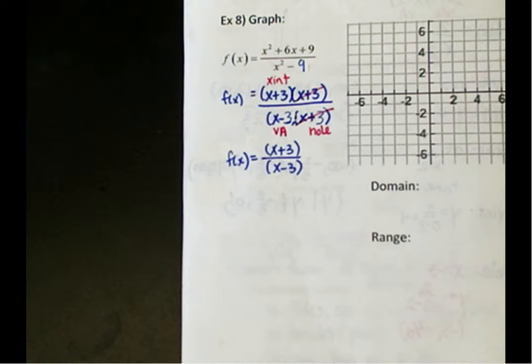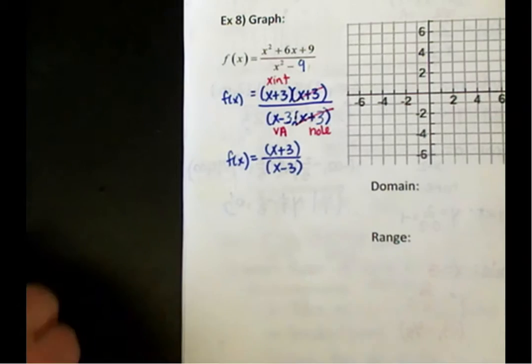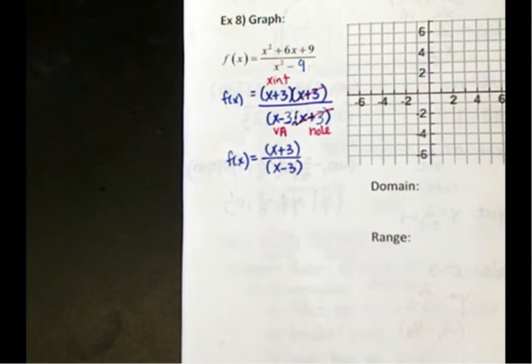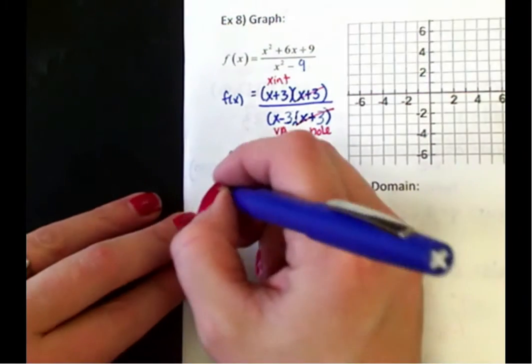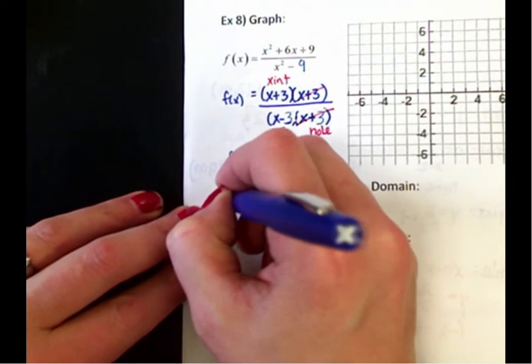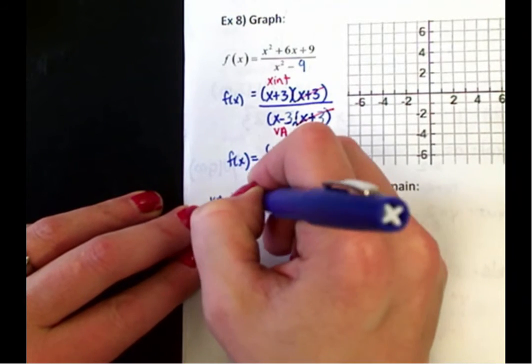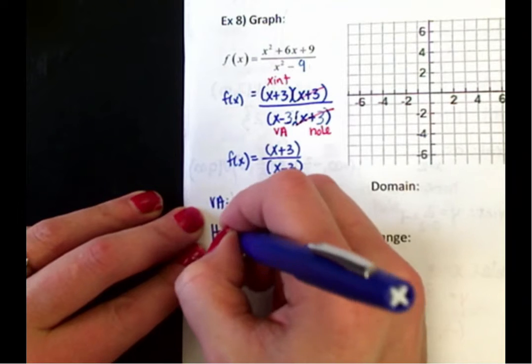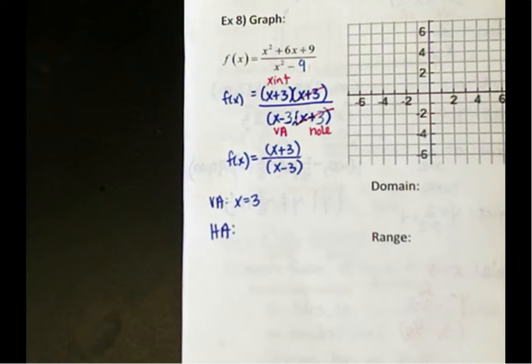Okay, plot what you have, right? Let's list what we get. We have a vertical asymptote, x equals 3. Horizontal. What was our conclusion from our warm-up today? I don't really want to divide this, right?